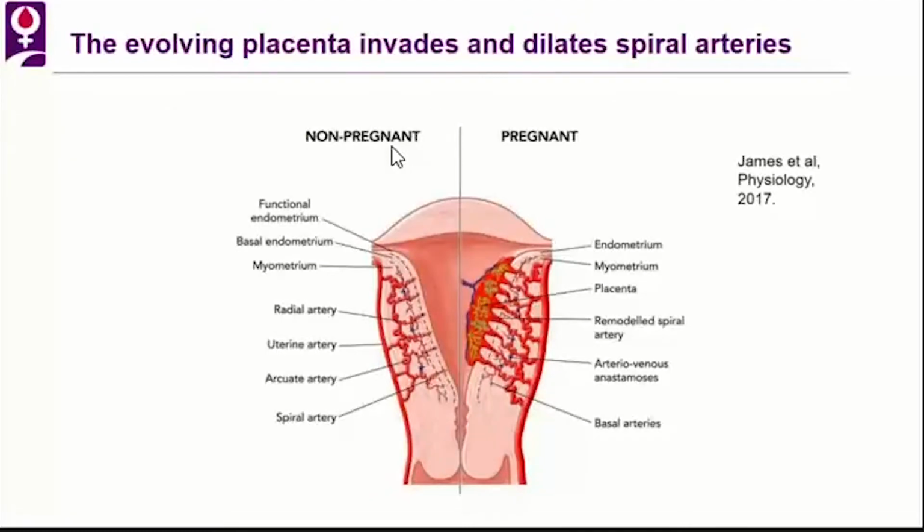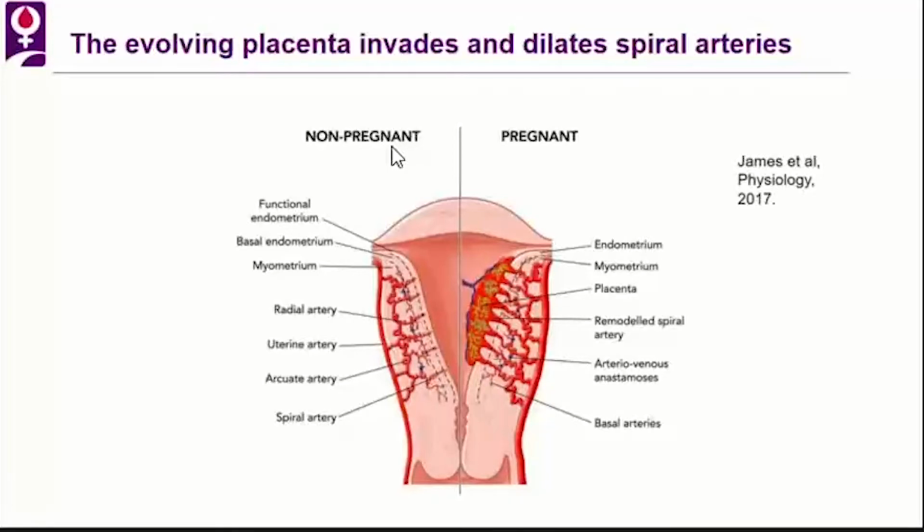The evolving placenta invades and dilates spiral arteries in the uterus. Spiral arteries are the terminal branches of the uterine arteries. In this cartoon, on the left side, you can see a depiction, not to scale, of the non-pregnant spiral arteries.